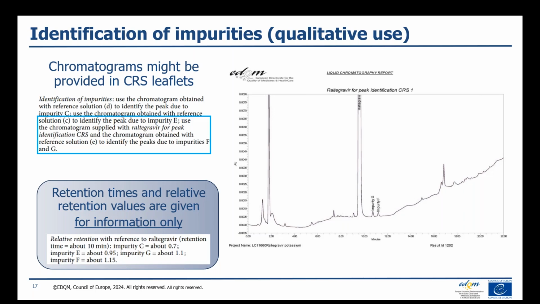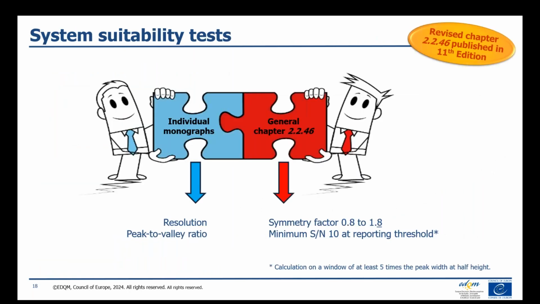Regarding the system suitability test, it is really important that you follow the system suitability tests which are described in the individual monograph. Most of the time there is a resolution or a peak-to-valley ratio described in the individual monograph. But it is also important to comply with the system suitability tests described in the general chapter 2.2.46, on chromatographic separation techniques.